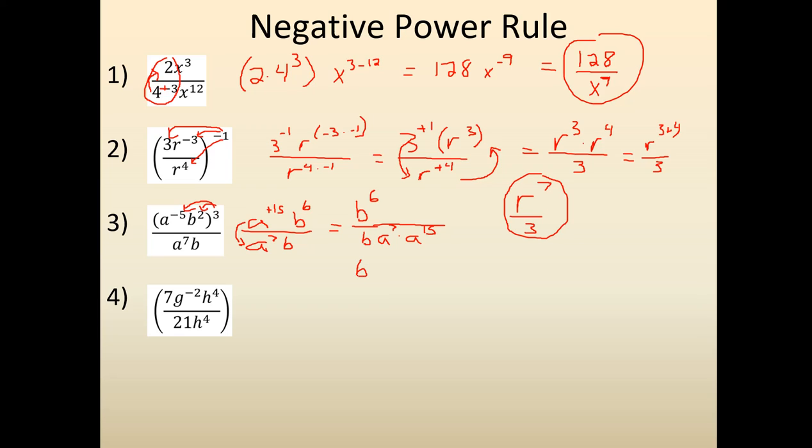So b, 6 minus 1. And for the a's, they're being multiplied, so I'm going to add their exponents, 7 plus 15. So my final answer will end up being b to the 5th divided by a to the 22nd.